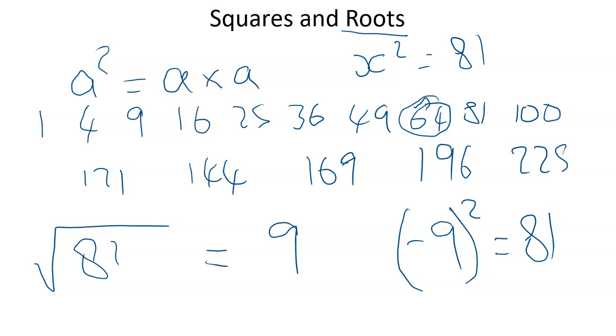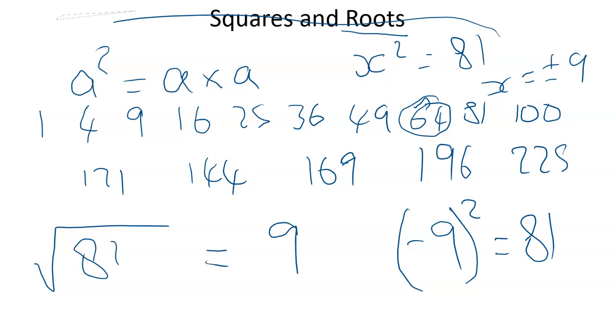There are two answers. X equals plus and minus 9. Just got to be careful with that. But this symbol itself just returns the positive one. So if they ask you what is root 81, there's only one answer to that. That's 9. But if they ask you in a different way, if you are square rooting, then you have to remember that square rooting does give two answers, but this symbol is only asking for the positive one.